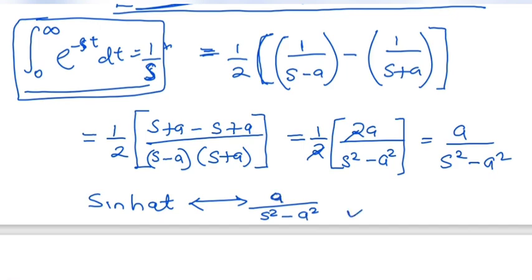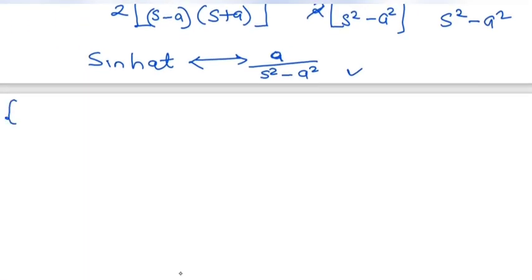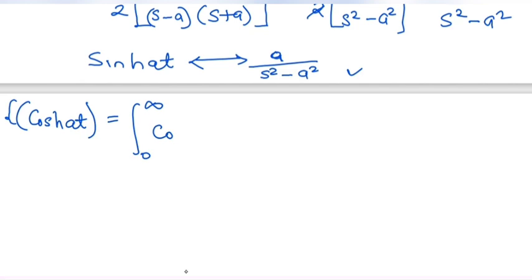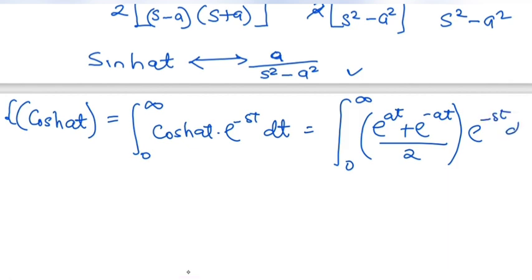And this is done. Now we're left to find the Laplace transform of cosh at, which you can find by the very same method. I'm just going to do it really quick, so if you didn't follow the last time, you can just walk with me. It is the integral of the exponential expression, (e to the at plus e to the negative at) all over 2, times e to the negative st dt.